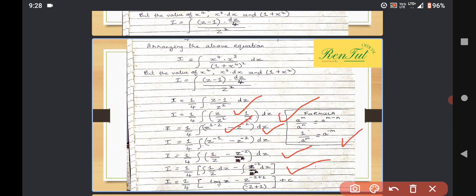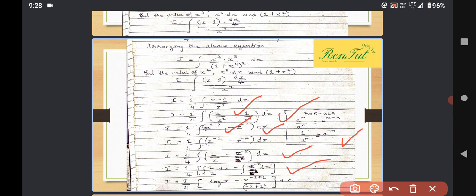And 1 divided by 4, bracket open, the integration sign will commonly go to the first term as well as the second term. So the first term is integration of 1 divided by z dz, and because the bracket is open, integration has gone to the second term as well: integration of z raised to minus 2 dz.